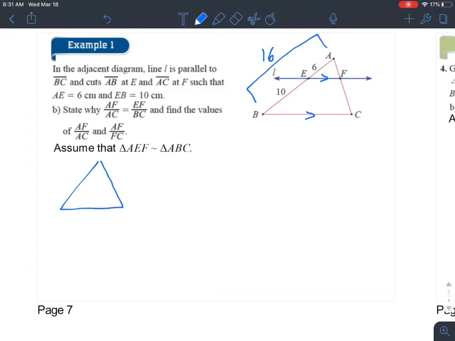So if I were to draw my two triangles, then this is going to be the big one, A, B, C. And we know then that that length is 16. Then I'm going to draw the small triangle. And this was 6, and we've got AEF.